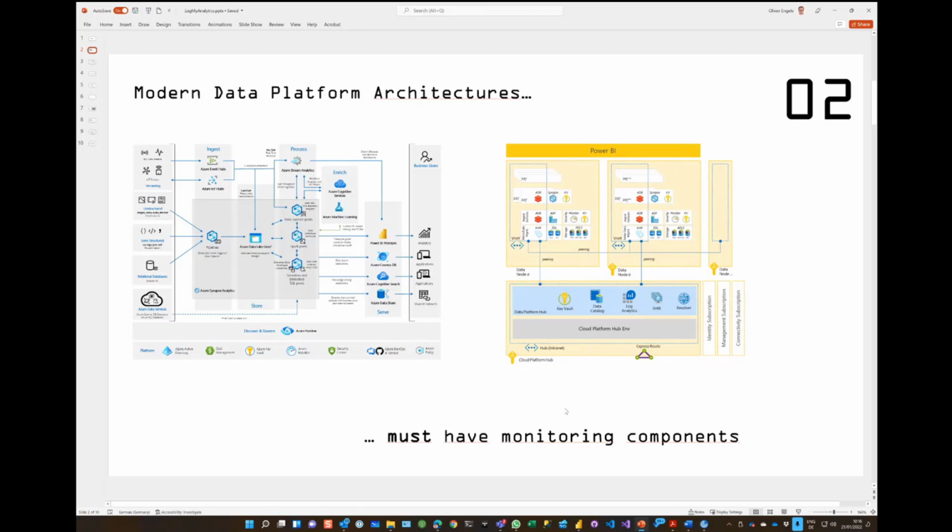You see that in these architecture templates, every time there is something called Azure Monitor, or in the Enterprise Scale Analytics, something called Log Analytics. And the purpose of these elements is really to capture anything that is happening here.